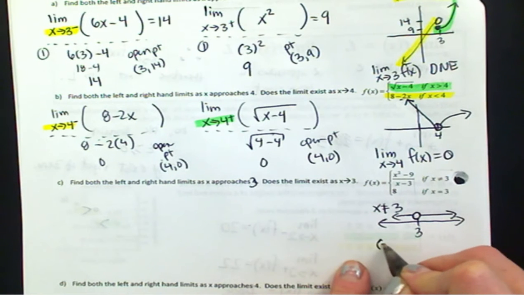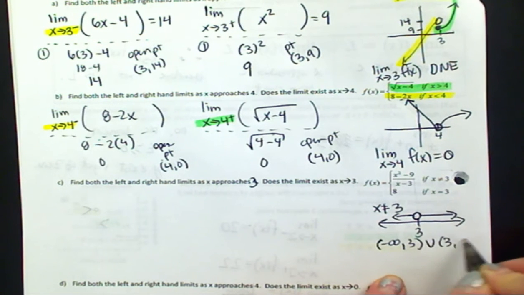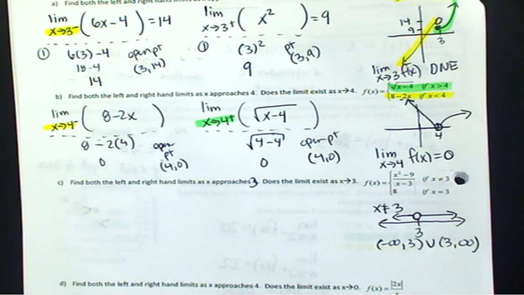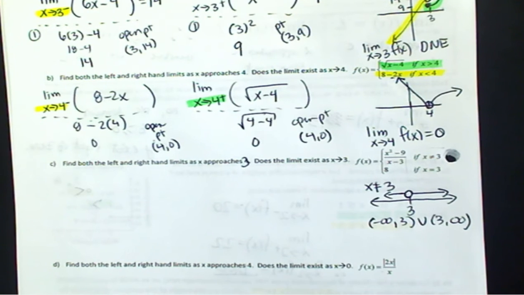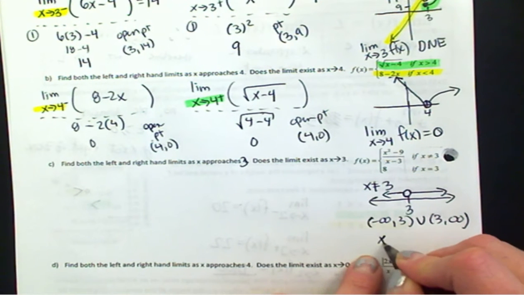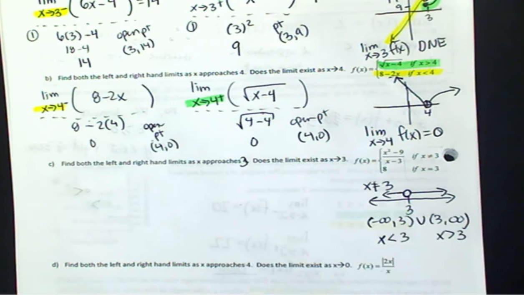If I were to do interval notation, if I were to think of inequalities that mean everything but 3, I get x to the left of 3 and x to the right of 3. So this is the left and the right. It's just kind of hiding a little bit.